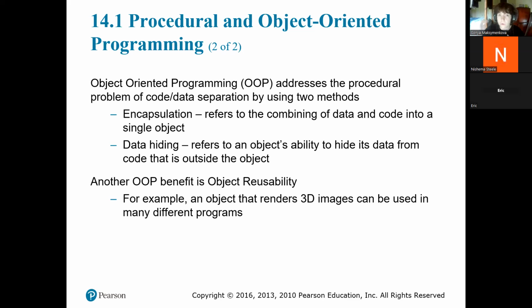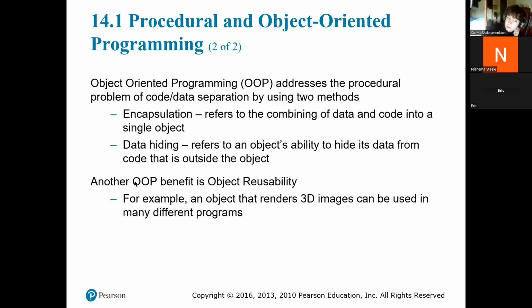For example, if you wrote one module and it does some function for you, you can reuse that module later in a different program. Same thing works with object-oriented programming. If you have created an object that does something for you, you can just reuse that object later on in a different program because you already know how to write it, you already have it. You can just copy and paste it into your new program, basically.